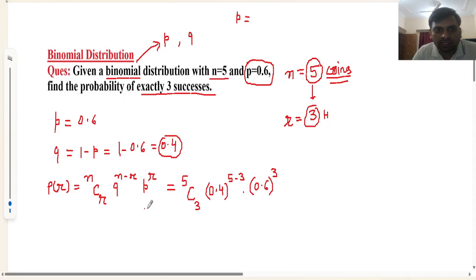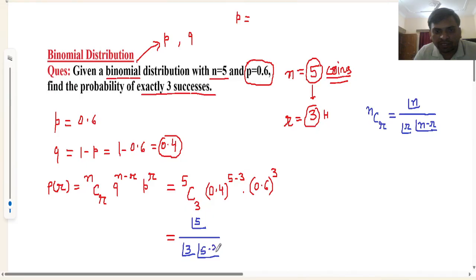Now we will solve this. First, the formula for nCR equals factorial n divided by factorial R times factorial n minus R. So 5C3 is factorial 5 divided by factorial 3, and in the denominator we write factorial 5 minus 3, and we write 0.4 raised to the power 5 minus 3, that is square, multiplied by 0.6 raised to the power 3.